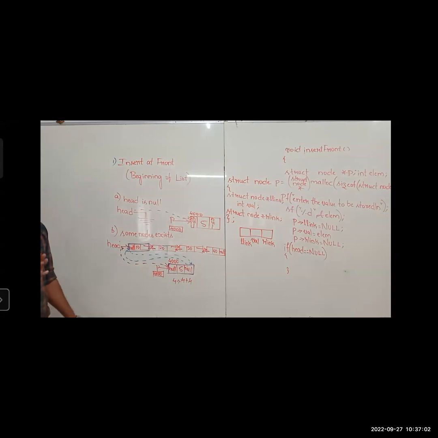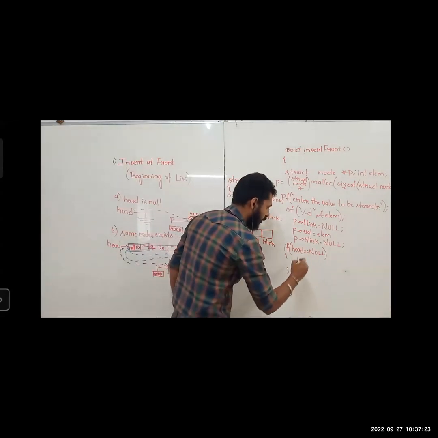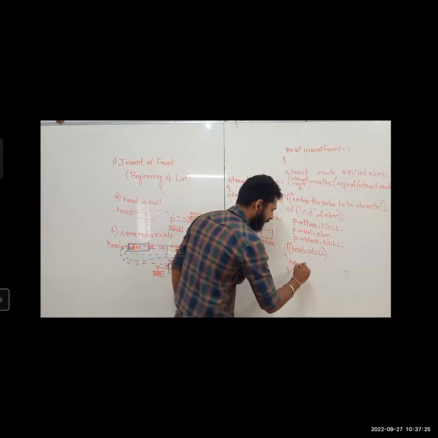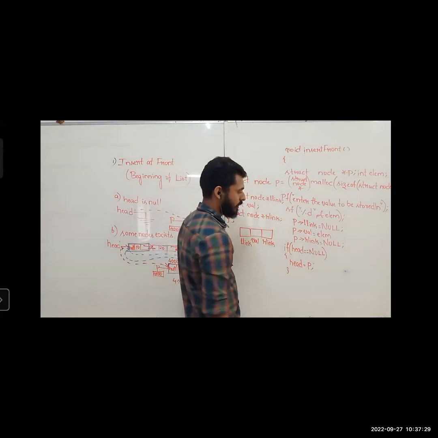No, it is possible, but there are no nodes. It simply means that there are no nodes at all. Then whatever new node you have created, that will only become the first node also, last node also. Then what I should say, whatever P you have created, point your head to the same place where P is pointing.